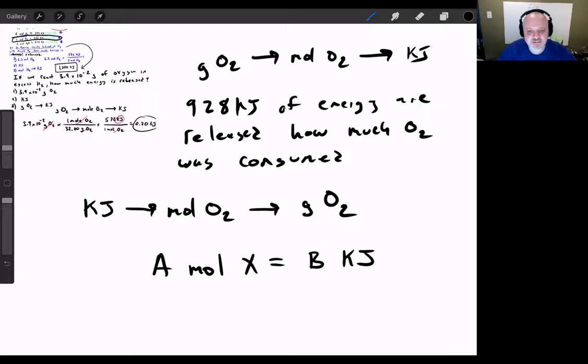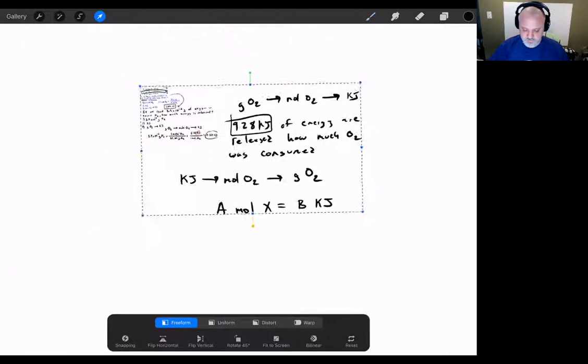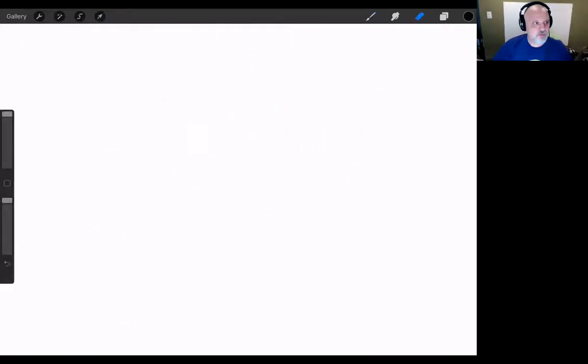When we express the answer, it's just a value of energy in kilojoules. Any other questions on that? In this particular case, the value 572 would be like a constant.